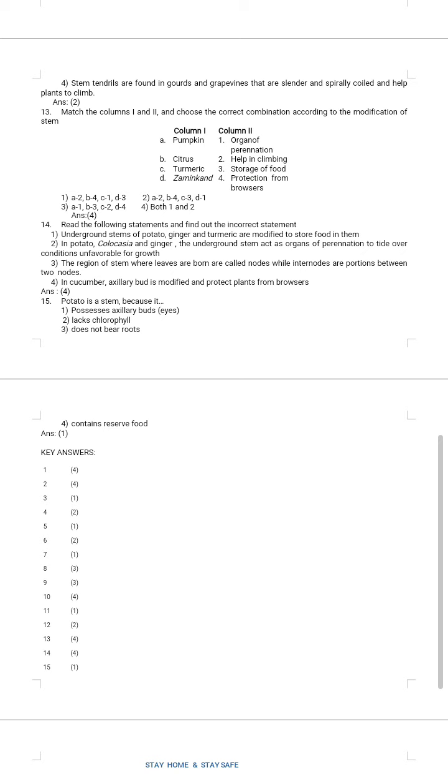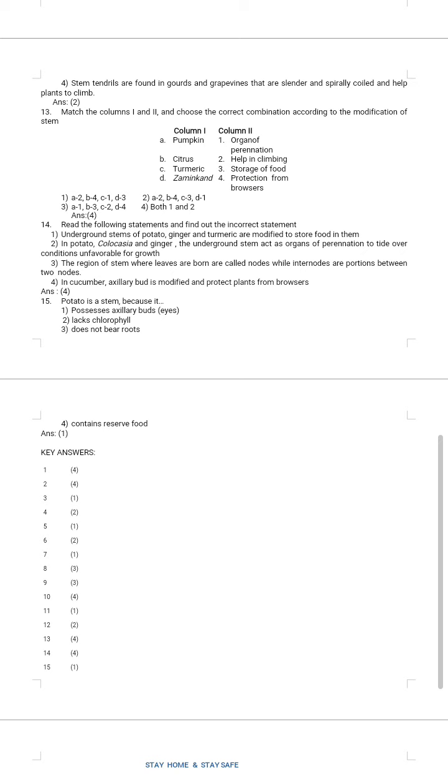In potato, colocasia and ginger, the underground stem acts as an organ of perennation to tide over conditions unfavorable for growth. Next, third one, the region of stem where leaves are borne is called nodes, while internodes are portions between two nodes.